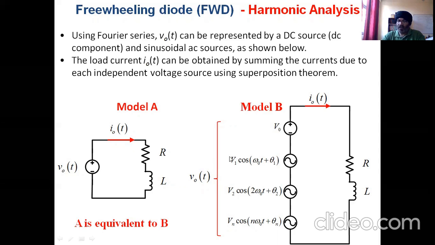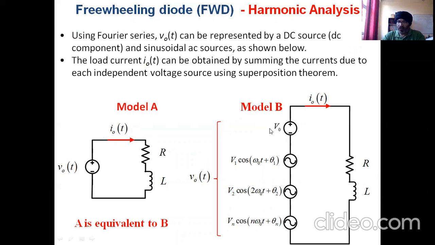V1 is the magnitude of that particular harmonic component, the first harmonic. Now V2 is the second harmonic component, n equal to 2, having the phase angle theta 2, and so on. We can add these components to find out the response at the output, at the load.